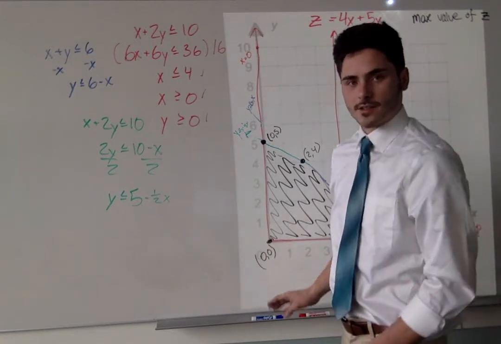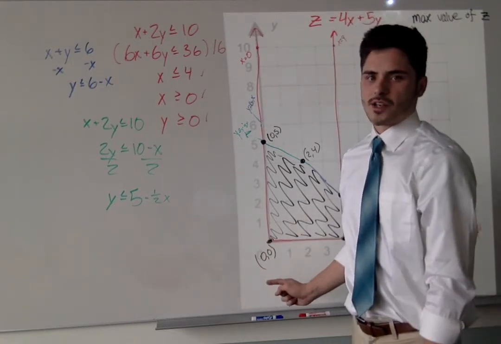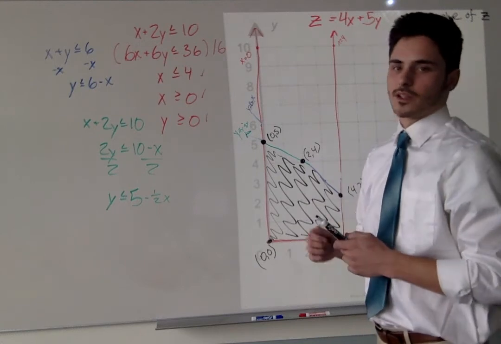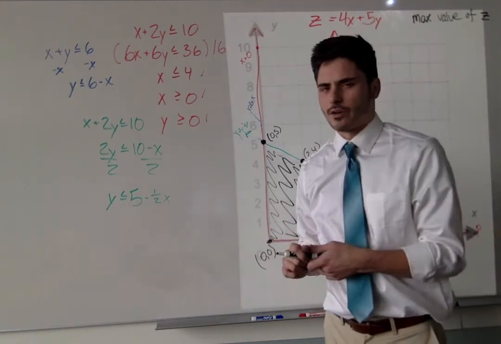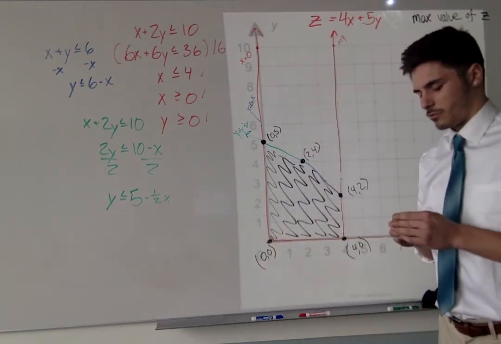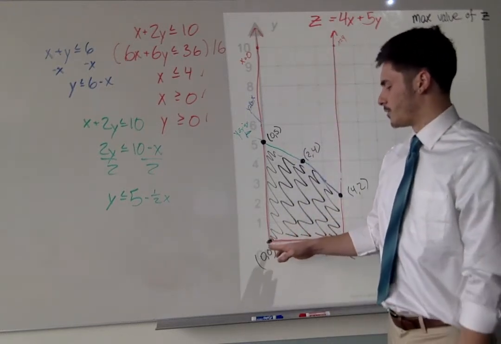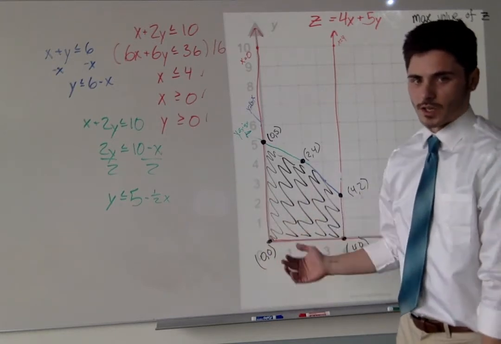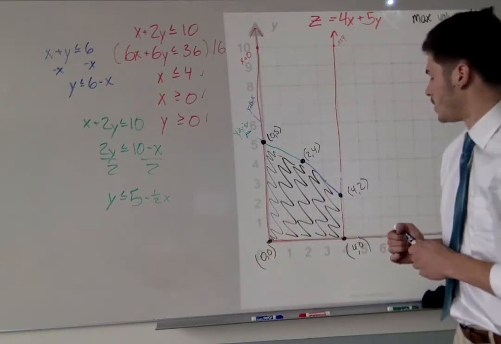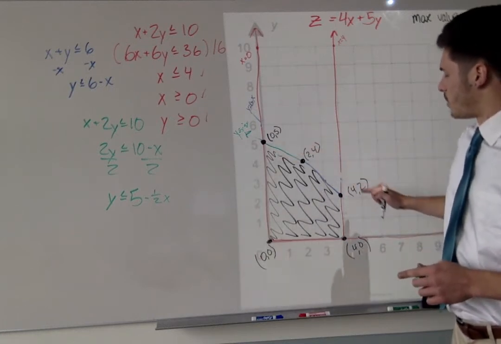I'm going to take a guess and say that 0, 0 is probably not going to be our max vertex because z equals 0 doesn't sound like a very high maximum. And also this point is the farthest to the left and the farthest down that we can get in this graph. But we can test all of these out.